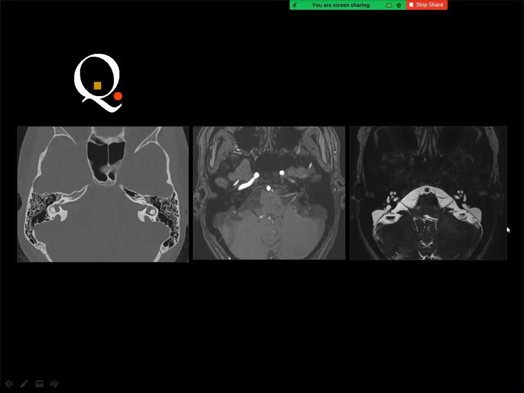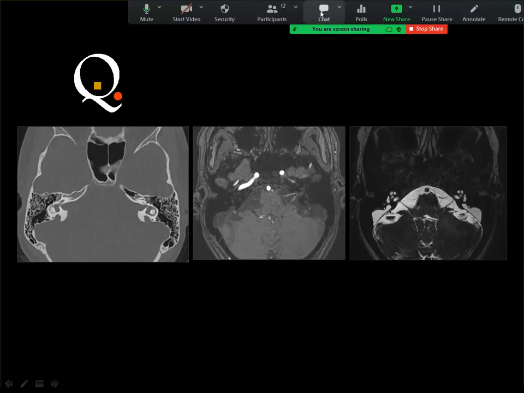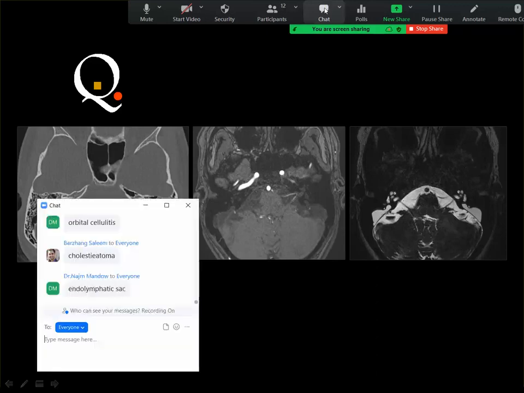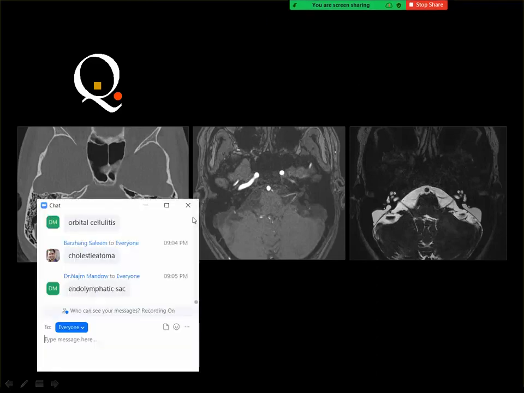CT and MRI of the petrous bones. Yes, the diagnosis is right.